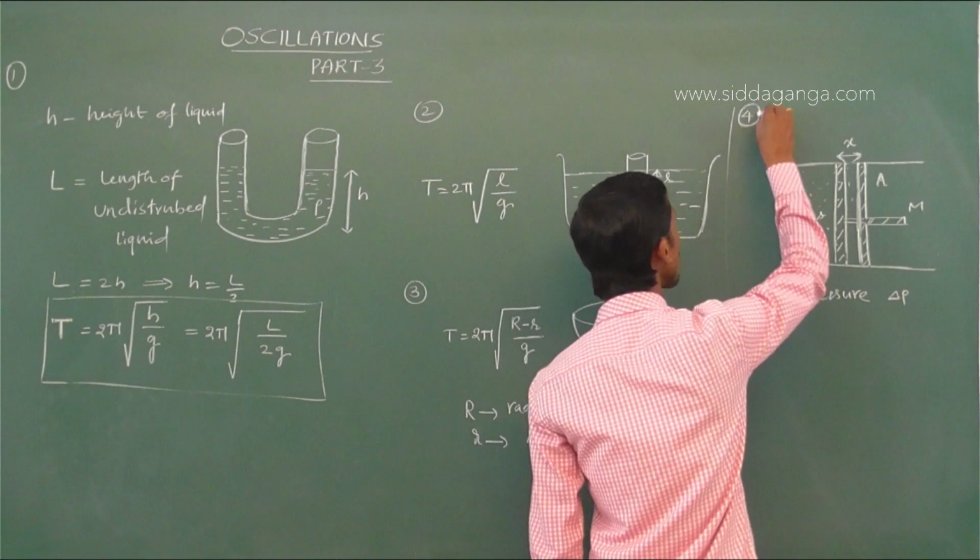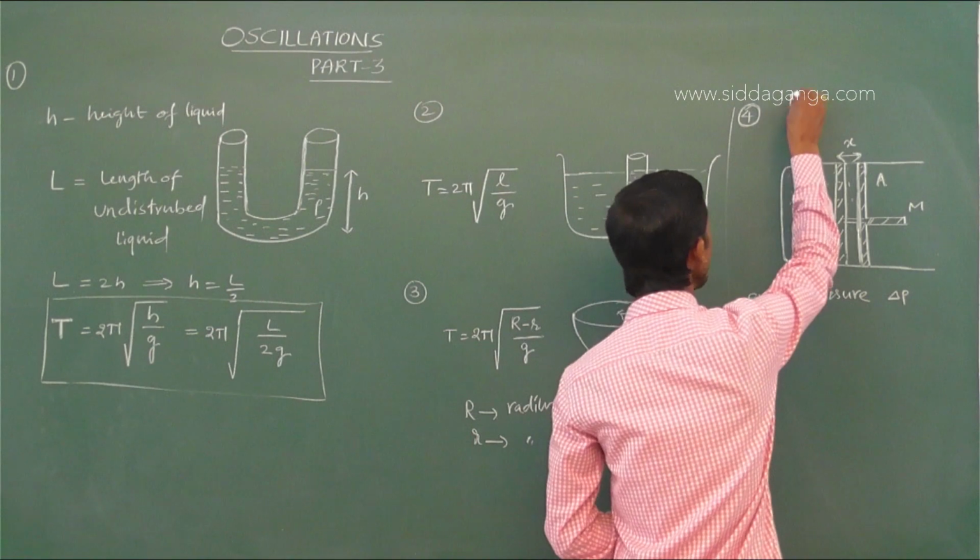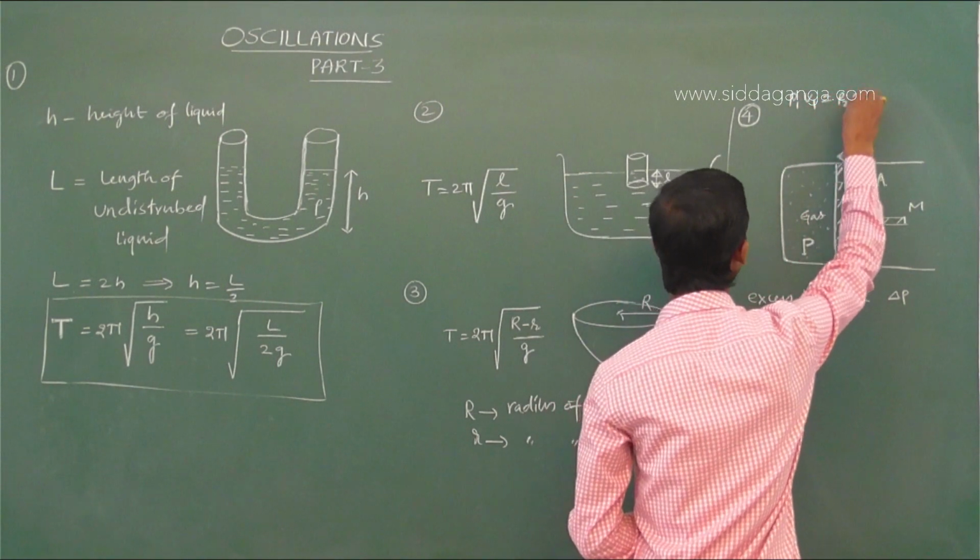As the process is slow, it obeys Boyle's law, an isothermal process. We can use P1 V1 equal to P2 V2.